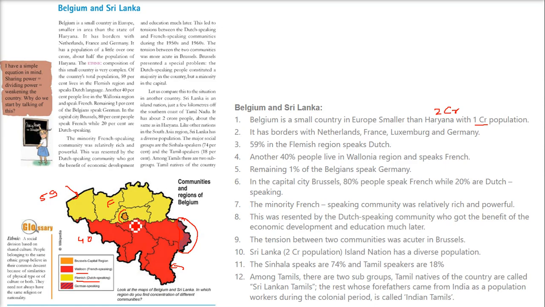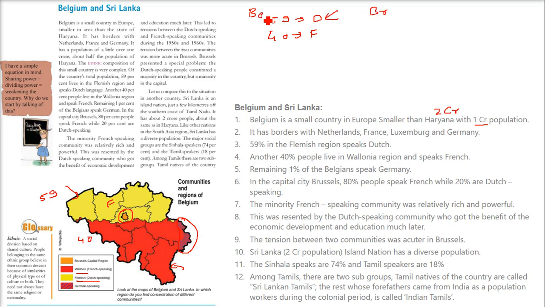Then there is a peculiarity about the place called Brussels, which is the capital of Belgium. Now 80% people speak French here and 20% speak Dutch. So let me make you understand that 59% are Dutch, 40% are French speaking. So the majority is Dutch speaking if you consider all of Belgium.